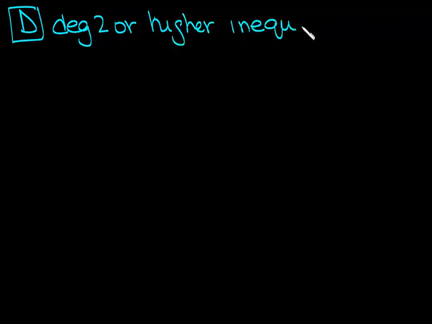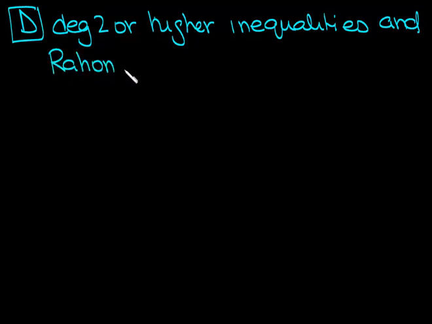We want to solve degree 2 or higher inequalities and rational inequalities. If you remember, rational is a fancy word for fractions, where we have a polynomial in the numerator and a polynomial in the denominator.